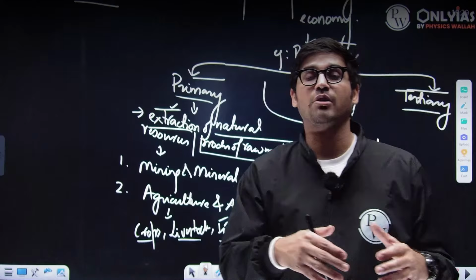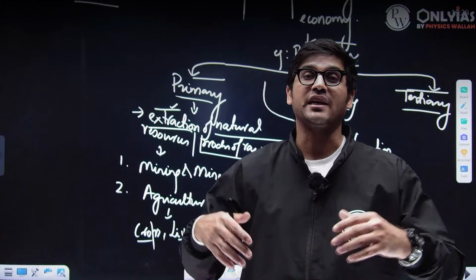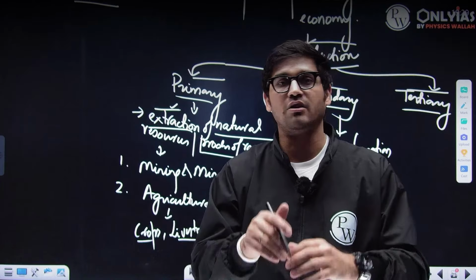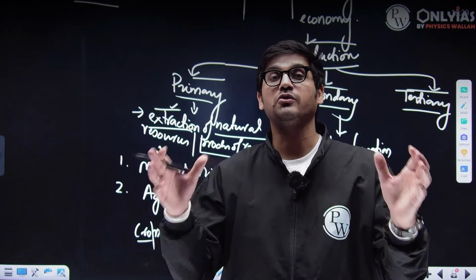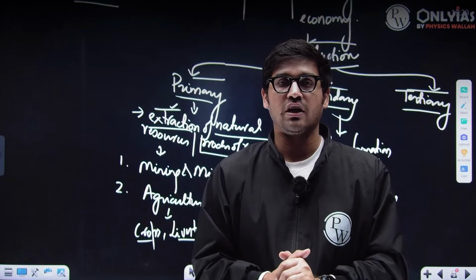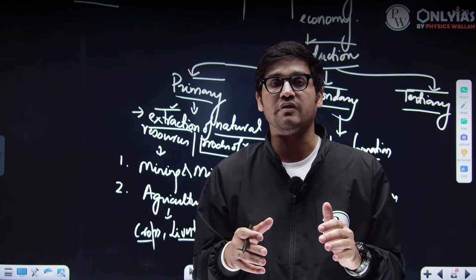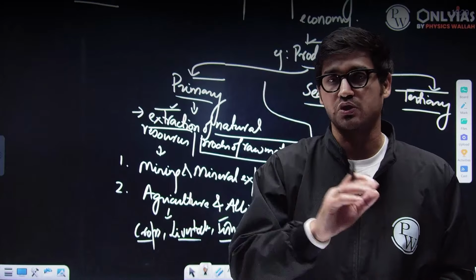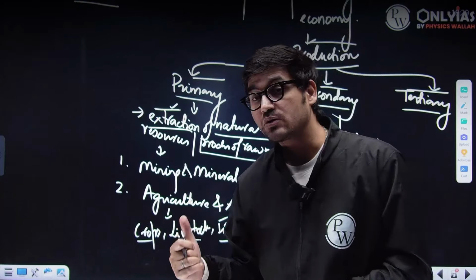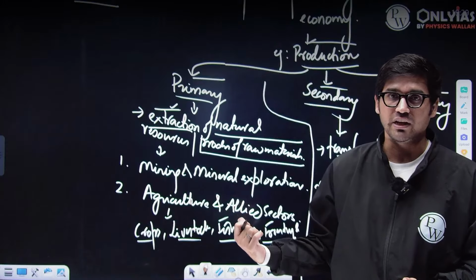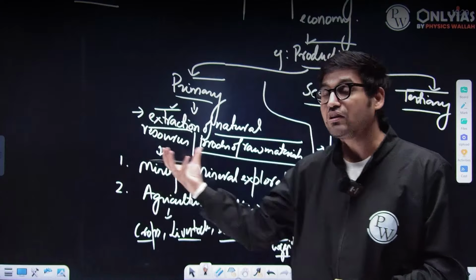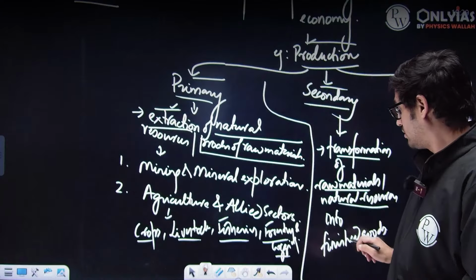From that iron, from that steel, people are making cars, bikes, pillars and whatnot. All of those are finished goods. Finished goods are those goods which have been transformed, processed, and are now in ready to use format. This is what the secondary sector of the economy does. It takes input from the primary sector and converts this input into finished goods.